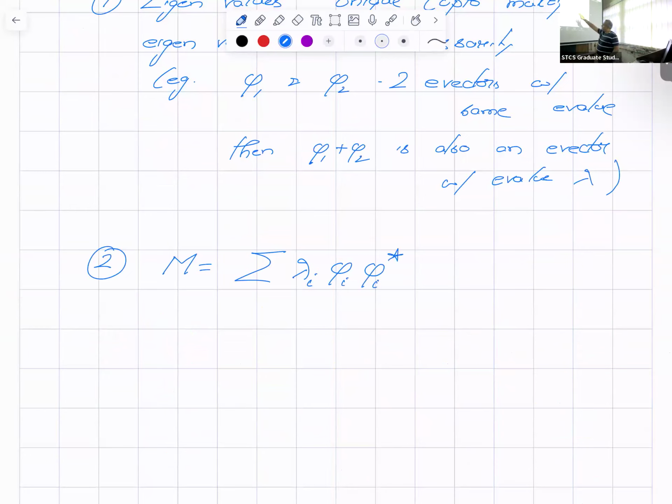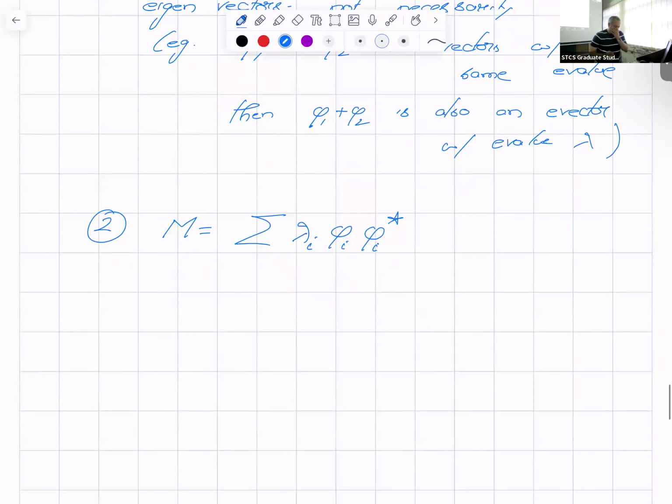Star for us, for now, let's think of it as just the transpose. So phi is a column vector, phi transpose is a row vector, that's a matrix. So this is a rank 1 matrix. I'm adding n such rank 1 matrices, each of them scaled by the corresponding eigenvalue.